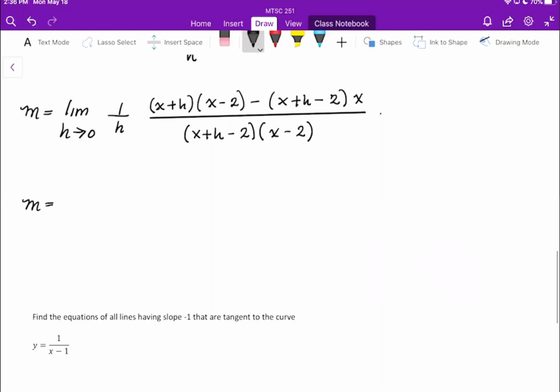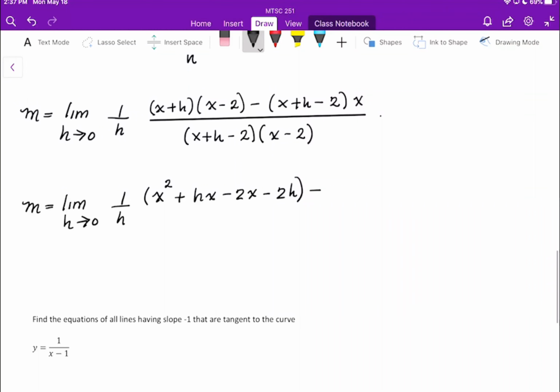So this is the limit as h approaches 0 of 1 over h. Then I'm going to get in the numerator x plus h times x minus 2, so x squared plus hx minus 2x minus 2h.